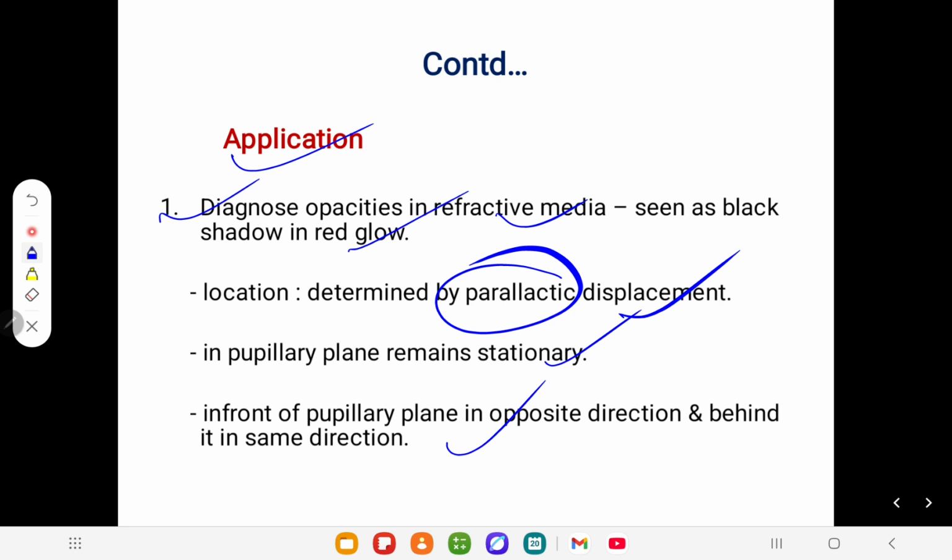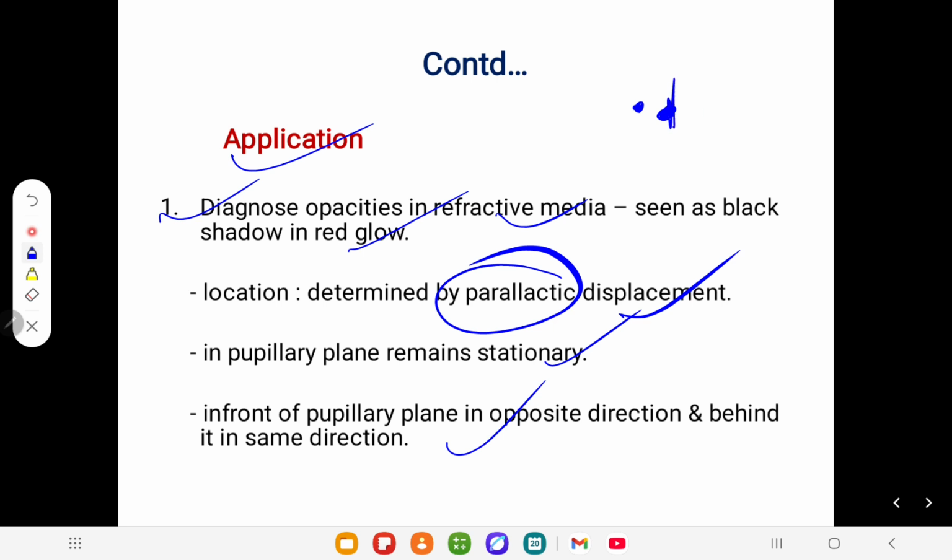This concept you must have heard before. The concept is basically motion parallax. If you fixate on the pupillary plane, then any opacity in front of the pupillary plane moves against the motion.